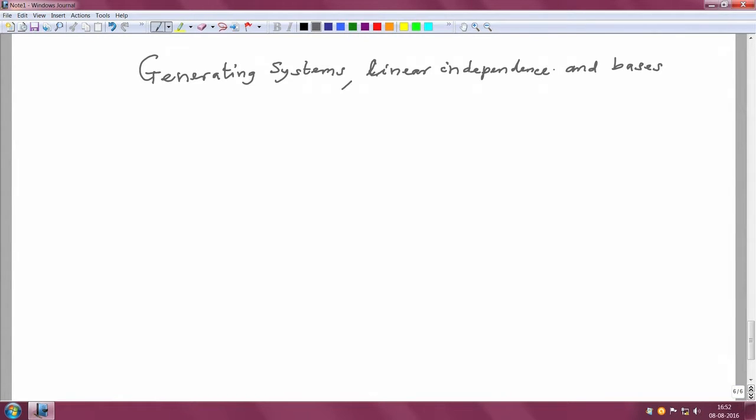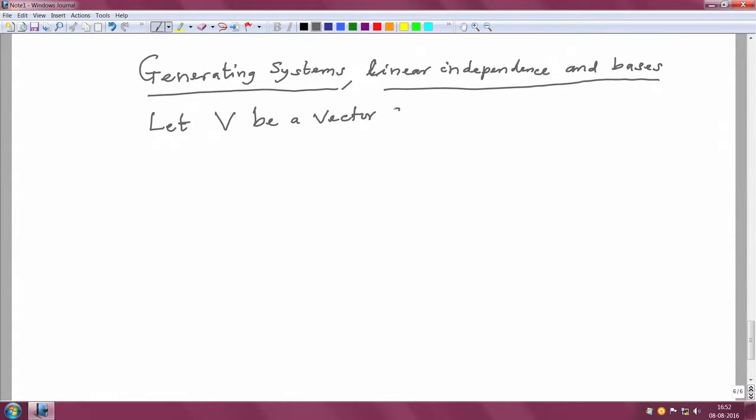Okay. So, as usual, let V be a vector space over an arbitrary field K.